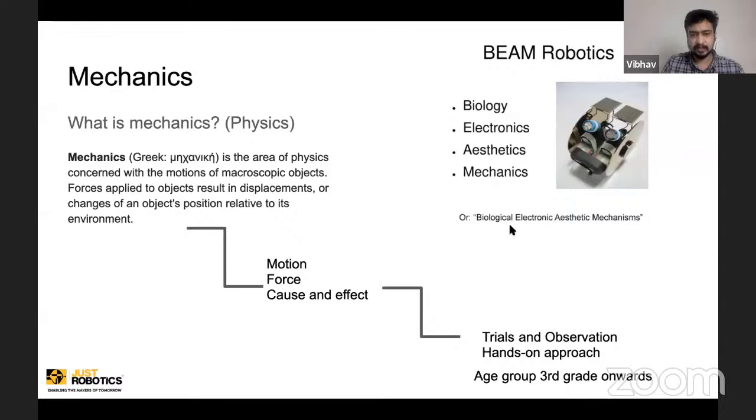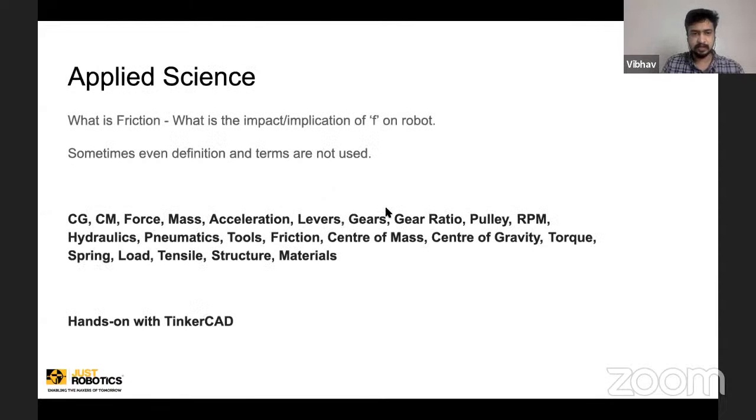For us to understand a few key concepts like center of gravity, motion, force, mass, acceleration, lever, things like gear ratio, pulley, speed of the motor, hydraulics, pneumatics, friction. These are the concepts that one has to understand if they are trying to design or build a robot.